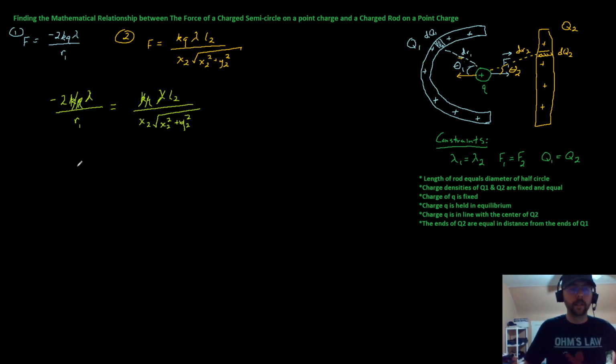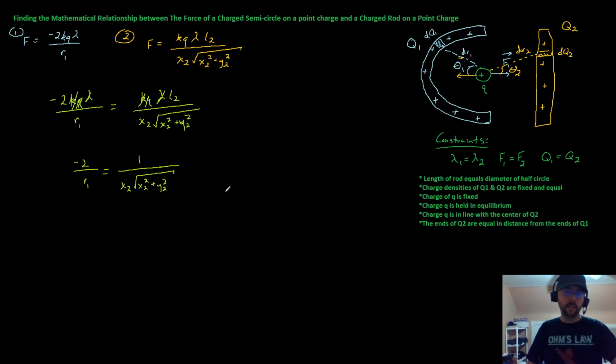So we have negative 2 over r sub 1 equals 1 over x sub 2 square root of, I'm going to leave the subscripts off now, I guess I'll write them, x sub 2 squared plus y sub 2 squared. And now we could leave this as it is, but I think what I want to do is set both sides equal to negative 2.